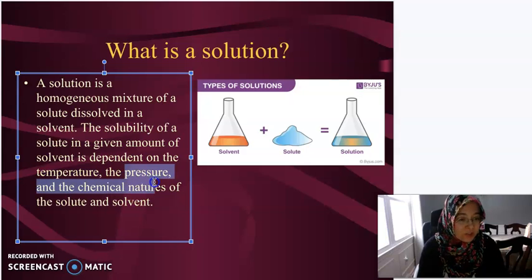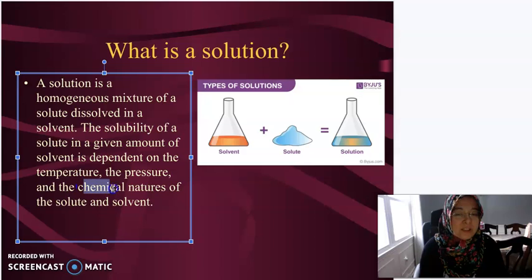The pressure, for example, if you drink soft drinks, the carbon dioxide gas in it, if you open it, you will hear a fizz sound. That is, you are changing the pressure when you open the cap. And chemical natures of solute and solvent.